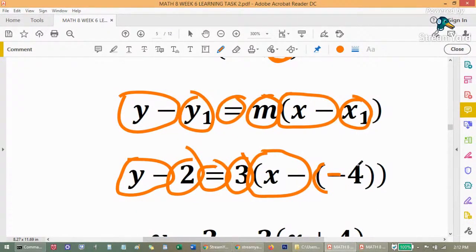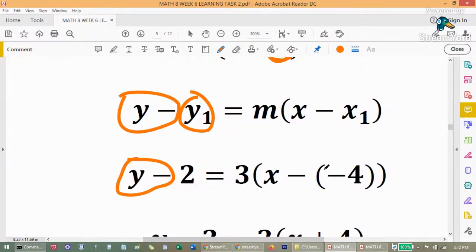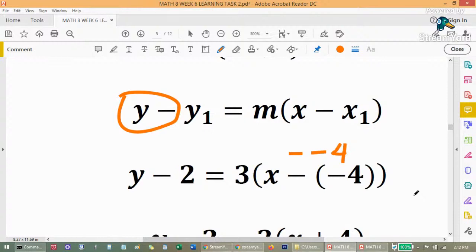Okay, and then lalagay natin negative 4. Kasi pag walang parenthesis yan, magiging minus negative 4. Wala pa tayong nakikitang mathematical equation na ganyan, dalawang minus negative 4. So that's why lalagyan natin ng parenthesis para sa minus negative 4.